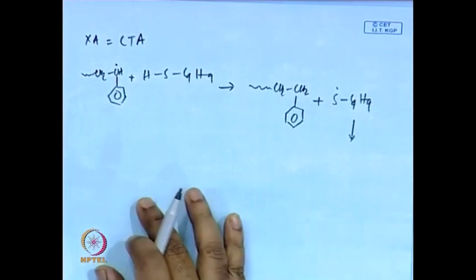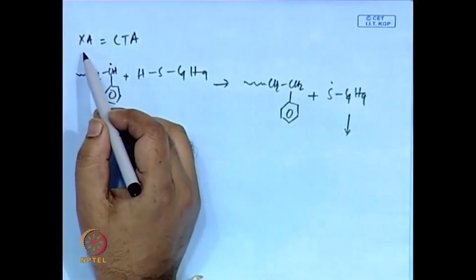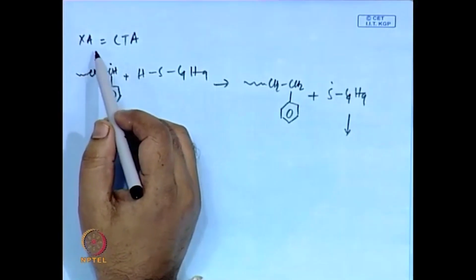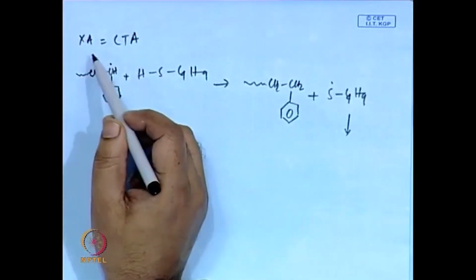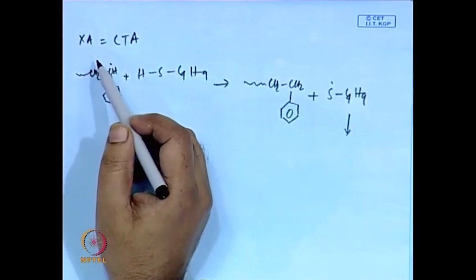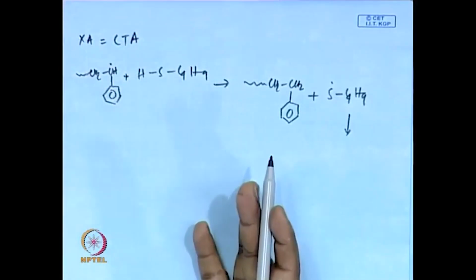So, what we just now learned, we learned what are chain transfer reactions and what are the different types of chain transfer agent that could be possible. It could be initiator, it could be monomer, it could be a transfer agent, it could be solvent.